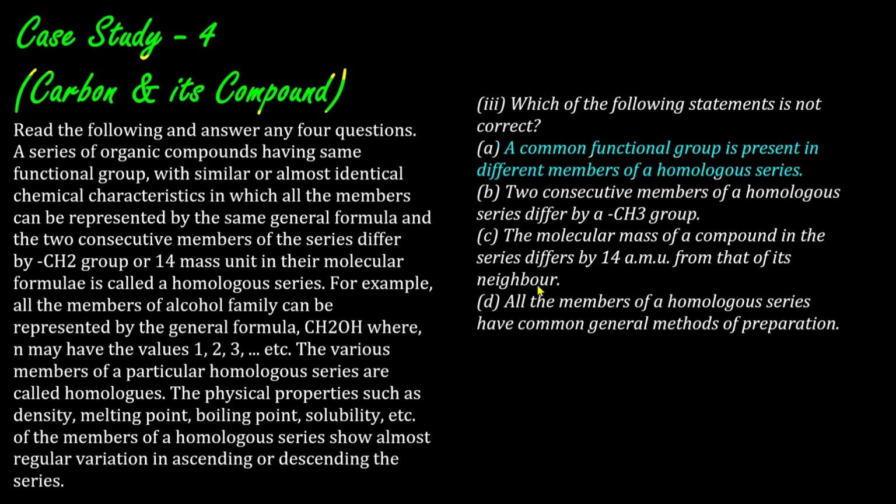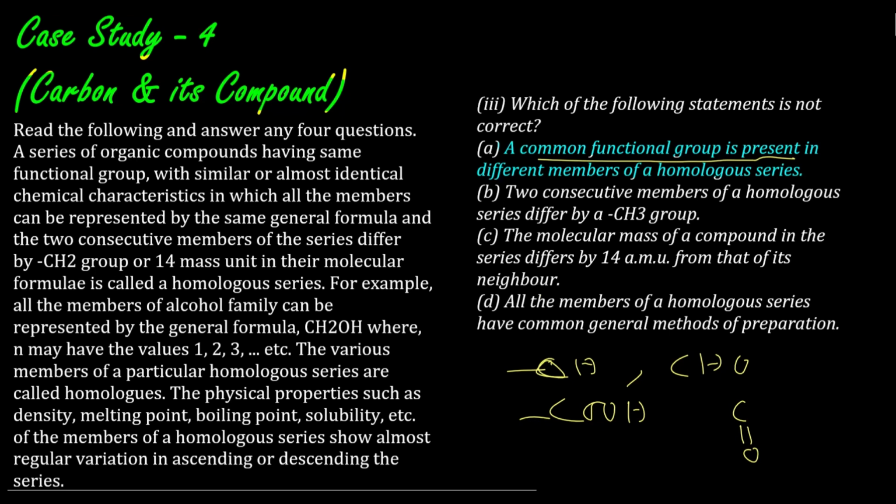You know that in the functional group of alcohol, it is OH. In aldehyde, it is CHO. In carboxylic acid, it is COOH. In ketone, it is C double bond O, CO we say. So obviously different functional groups.